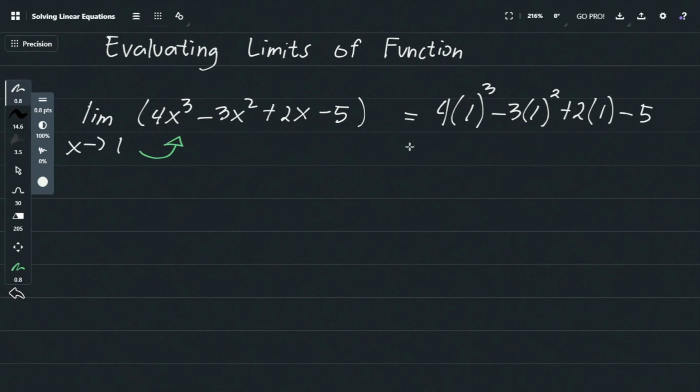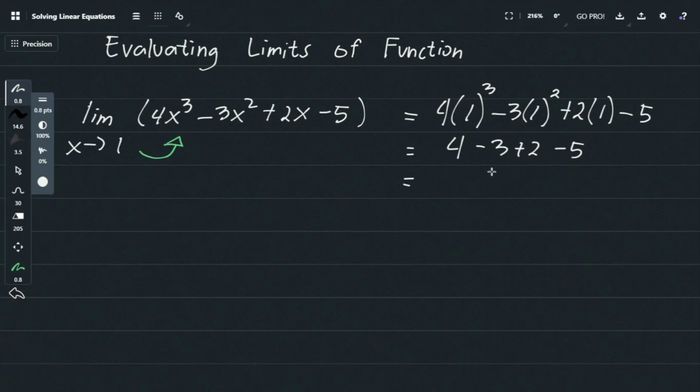Okay, so we are just going to simplify. So 4 times 1 cubed is just equal to 4. Then we have negative 3 times 1 squared, which is just negative 3. And positive 2 times positive 1 is just positive 2, minus 5.